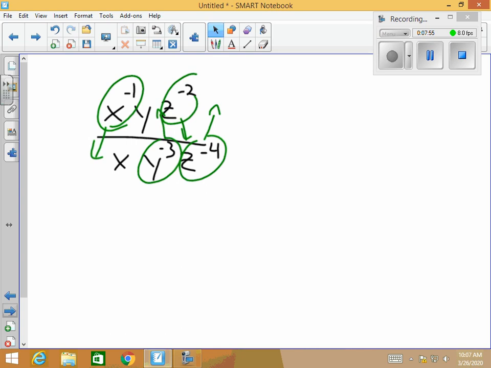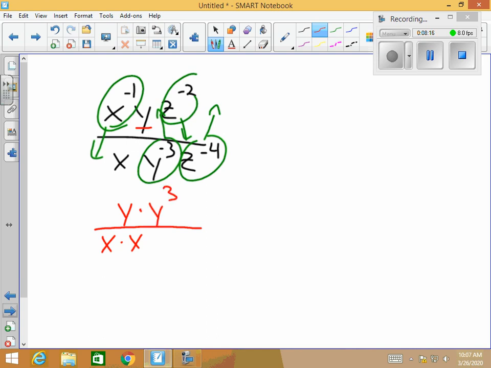Let's simplify this out just a little bit so you understand what I'm looking at. My x to the -1 went down. So I have that x, which was already down there, and now that -1 comes down, making it +1. So I have another x down there. My y that was on top sits there. My y to the -3 also comes to the top and makes it y cubed.